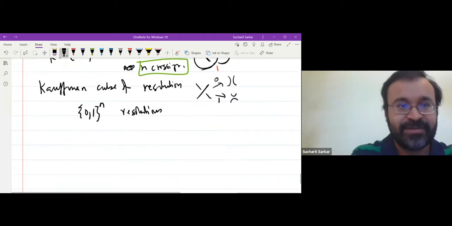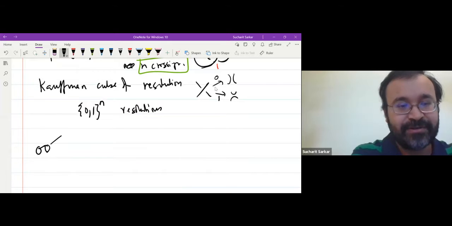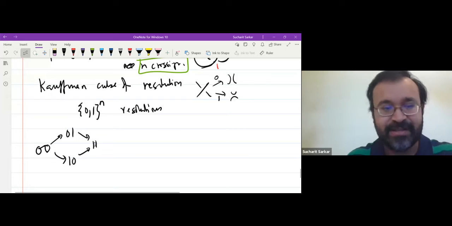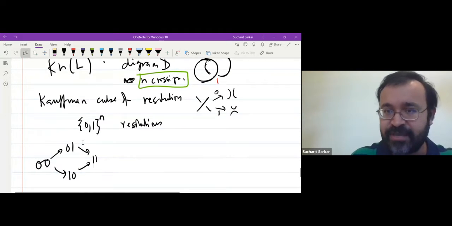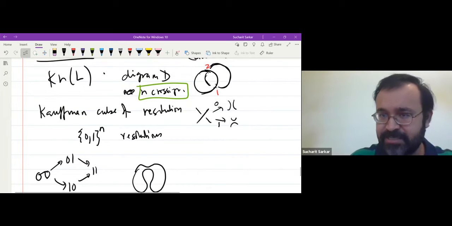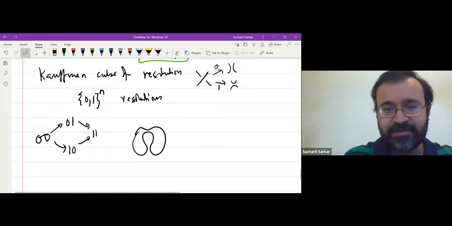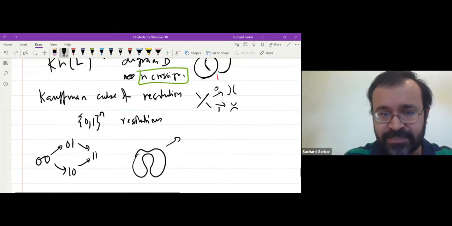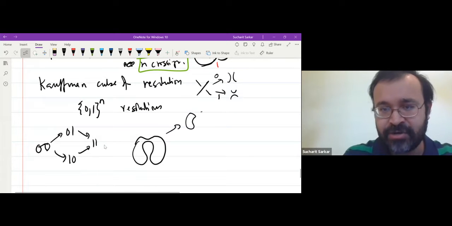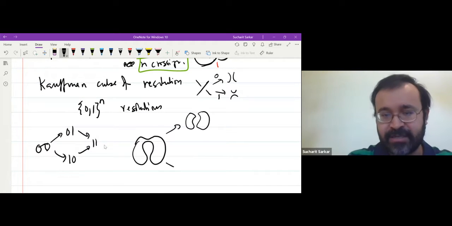So let me show it. Here is our cube: 0,0; 0,1; 1,0; and 1,1. We'll draw the cube sideways. It's a two-dimensional cube. 0,0 means you resolve both crossings by the 0 resolution, so it looks like this. 0,1 means you still resolve the first crossing by the 0 resolution, but you resolve the second crossing by the 1 resolution, so you change the second crossing.